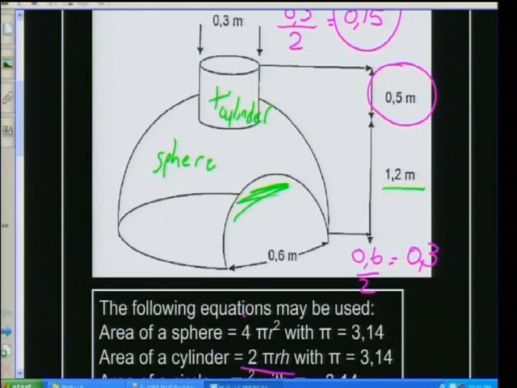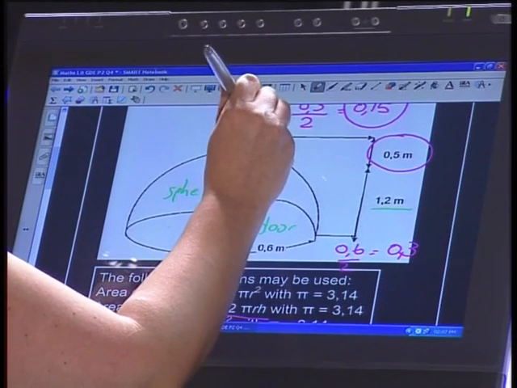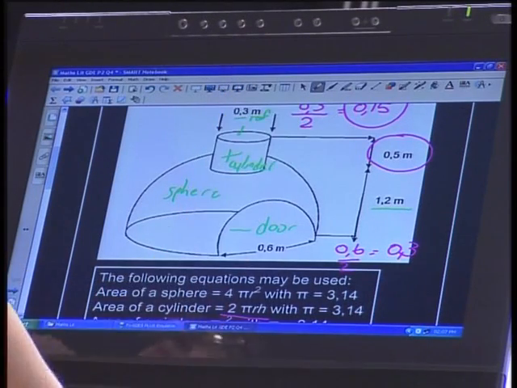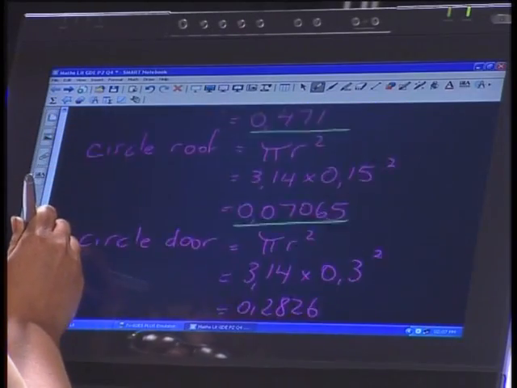There's nothing actually here, so we're going to be minusing the door. Minus, because the door does not exist, it does not need to be painted. And the same thing with the top of the roof here, we're going to minus the roof. Does that make sense, Agnes? Yes. Okay, so let's do that.